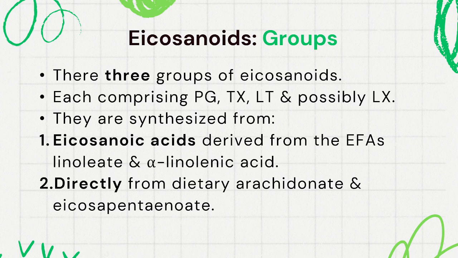We group eicosanoids into 3 categories. They comprise mainly a prostaglandin group, a thromboxane group, and a leukotriene group, possibly lipoxins, but these are the main 3.